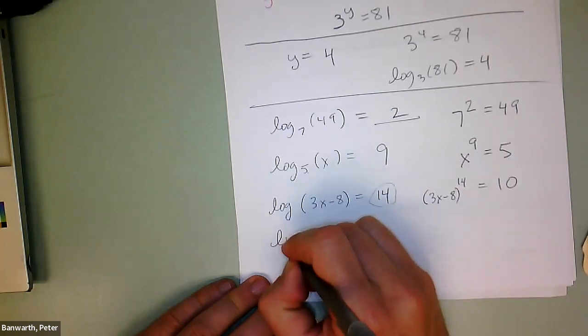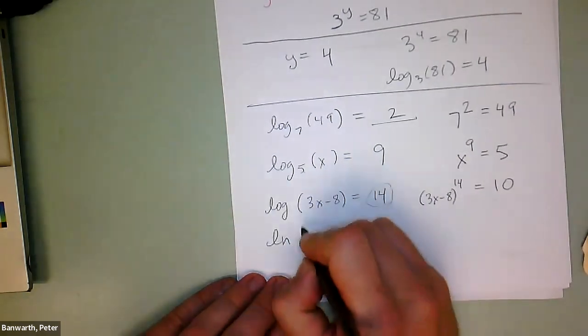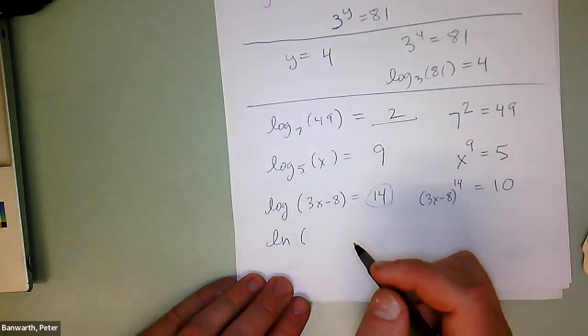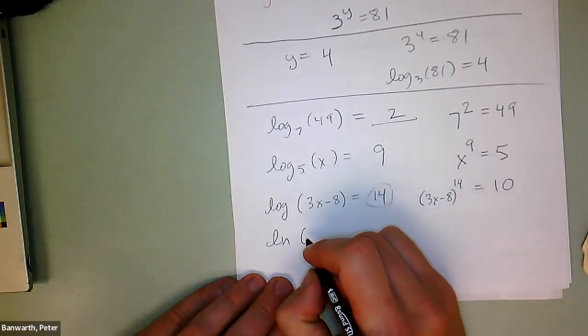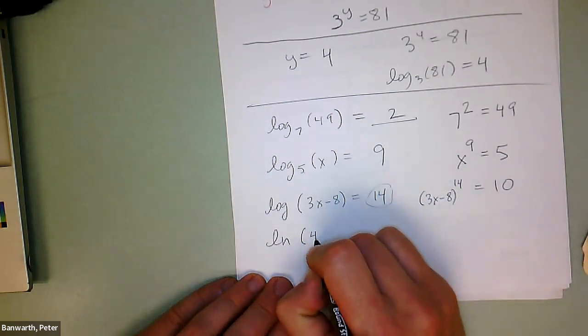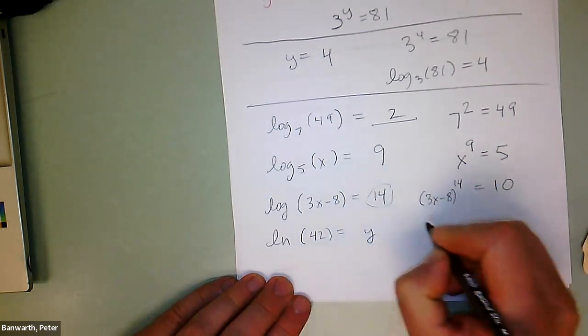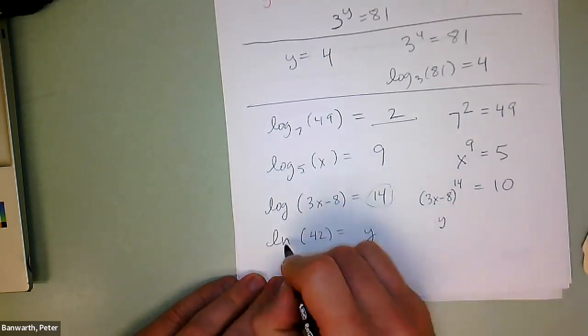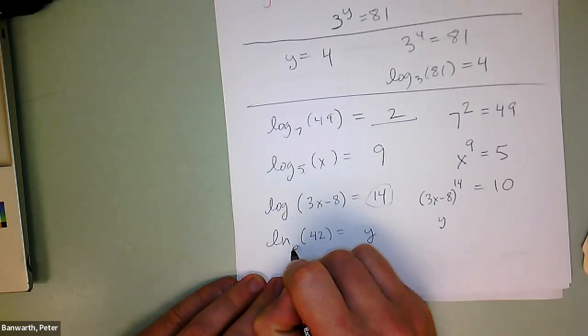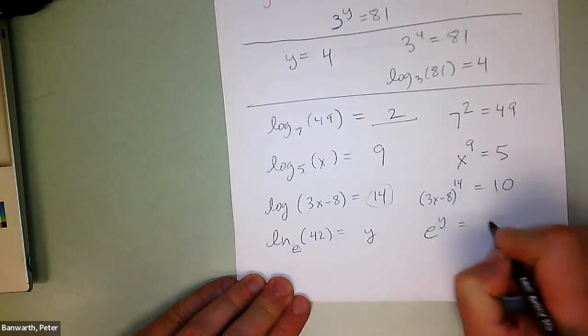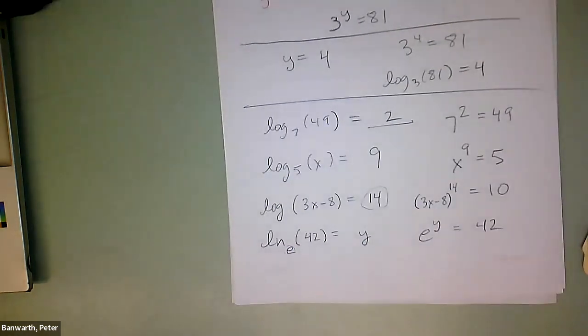Just as a reminder, when you see ln, that's the natural log. So natural log of 42 equals y says that y is the power that goes on the base, which here is e, to get 42.